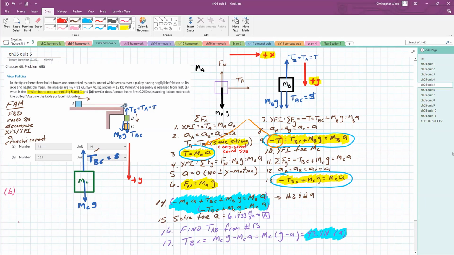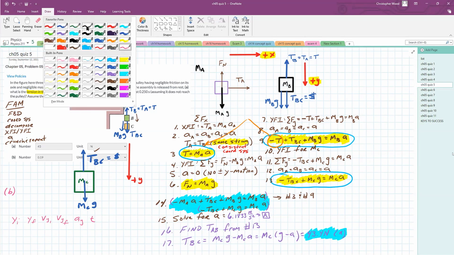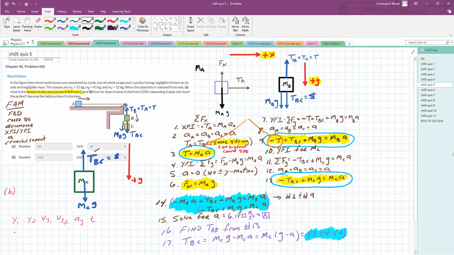So you know what? This is a job for Y initial, Y final, VY initial, VY final, A sub Y, and T. Yes, it's a job for the 6-column data table, the kinematics analysis method. Y initial, it says how far does block A move? Actually, I need to change that, X.